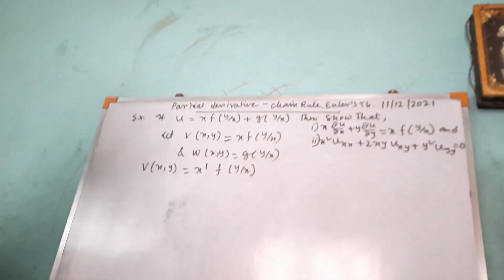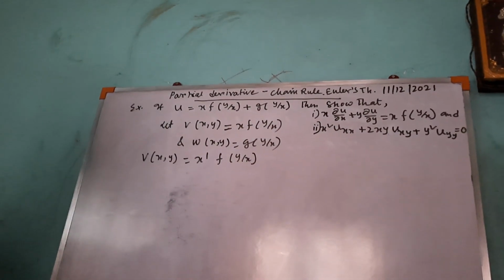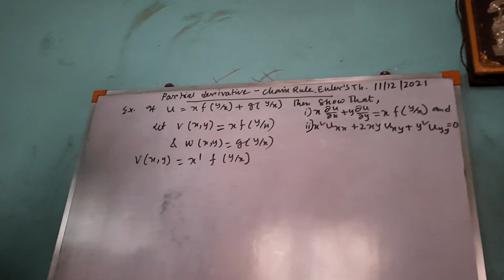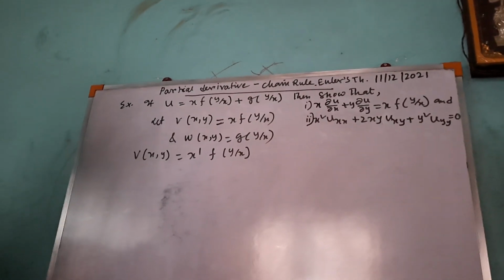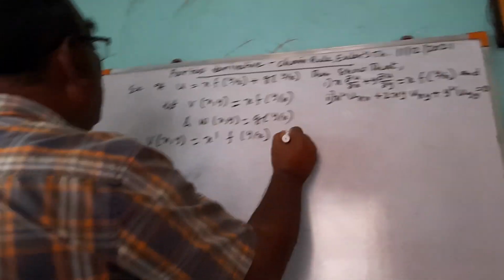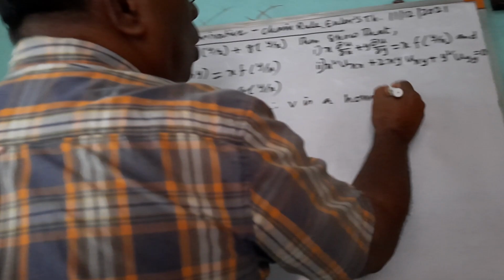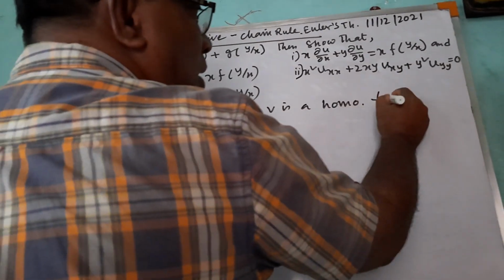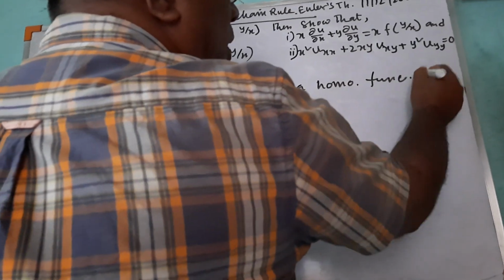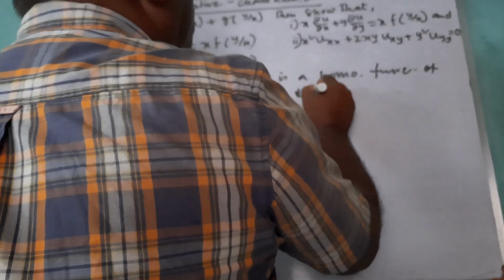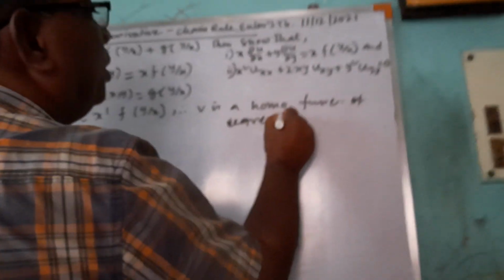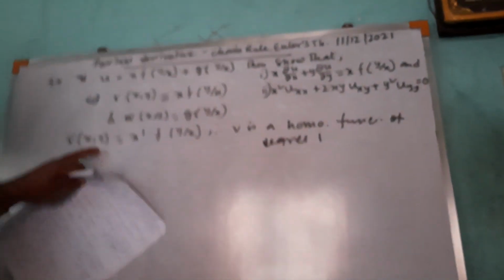As you know what a homogeneous function is, I already discussed it in my previous video. So V is a homogeneous function of degree 1 in the variables x and y.